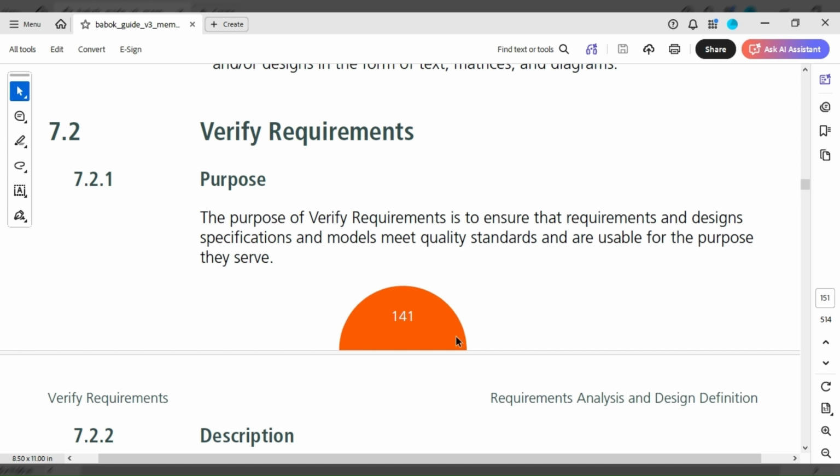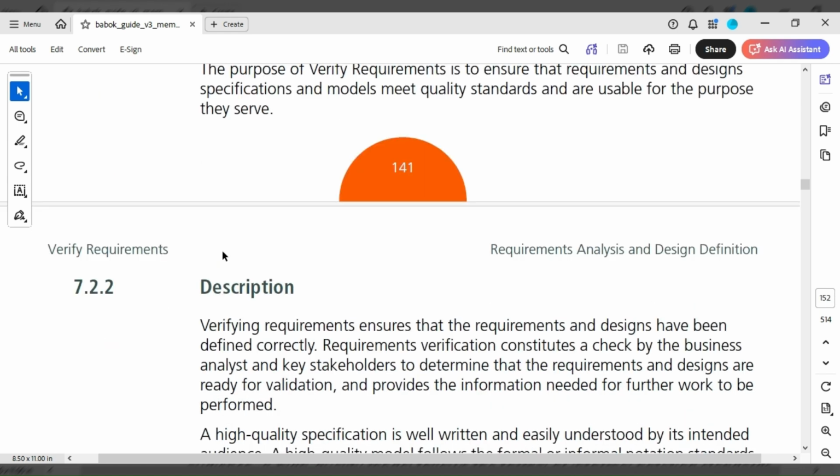The main purpose of verify requirements is to ensure that requirements and design specifications and models meet quality standards and are usable for the purpose they serve. So you are checking quality standards and also making sure that you can use it for what you want to use it for.